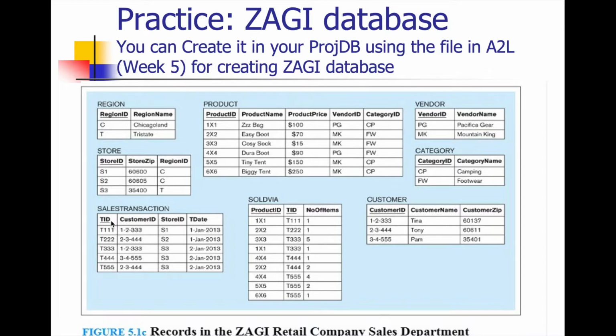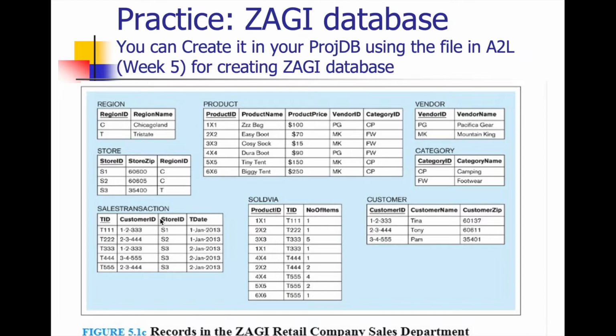For example, here you can see we have transaction ID, customer ID, store ID, and transaction date. So here again we have two foreign key columns. One is customer ID, because customer ID is the primary key in the customer table, therefore it is a foreign key here, and so it is referencing the customer table.